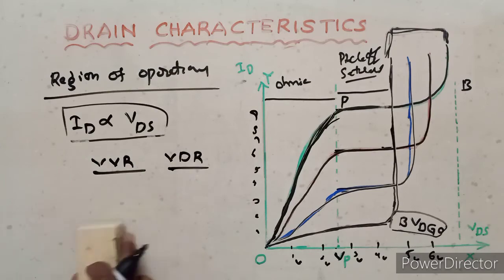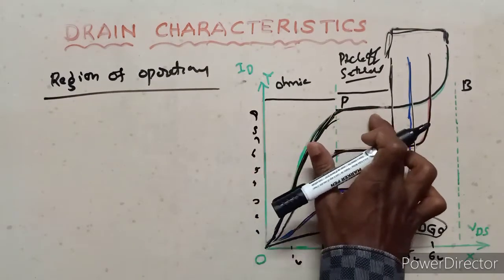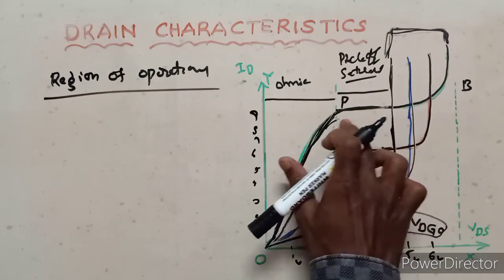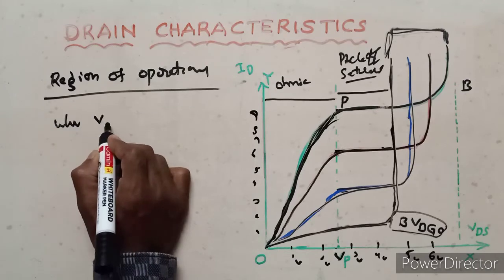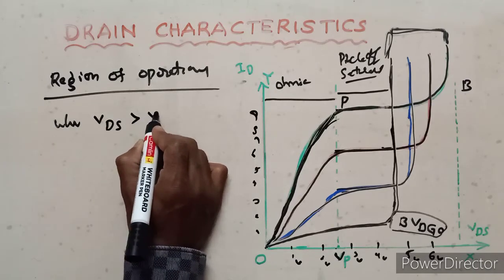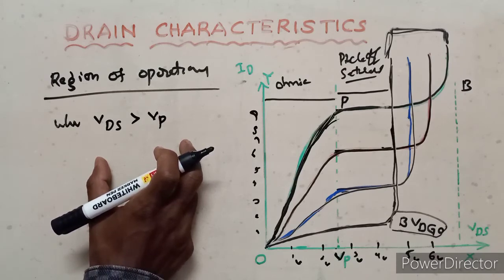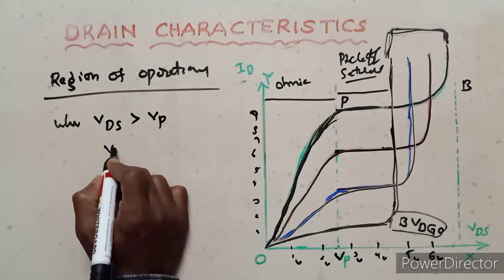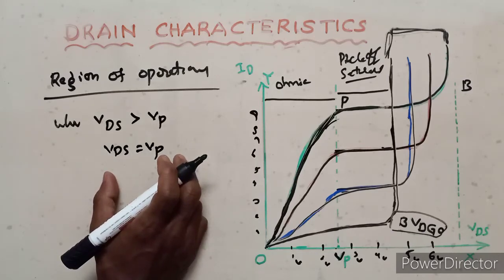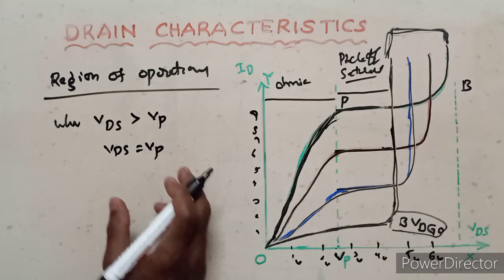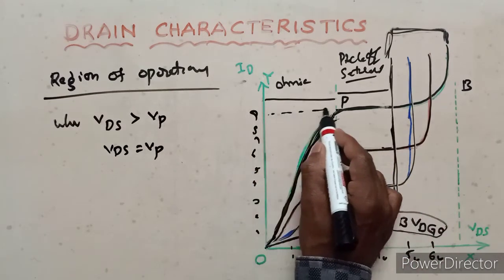Okay, next is the saturation region, also called the pinched off region. When VDS is greater than VP, and also when VDS equals VP, it acts as a constant current.